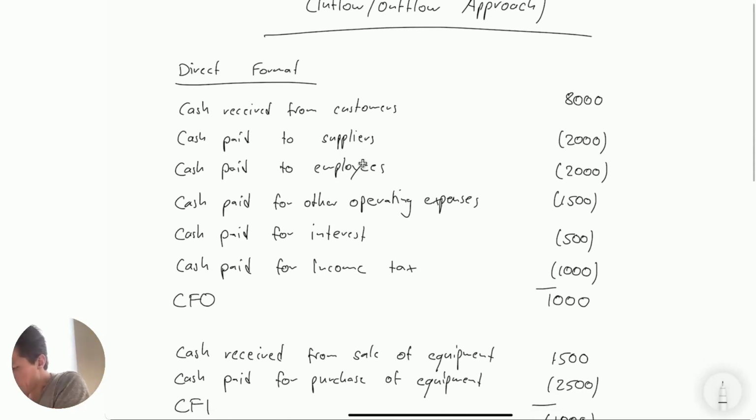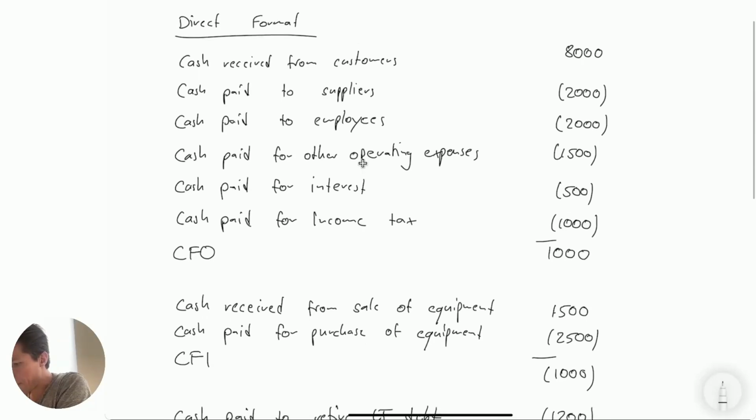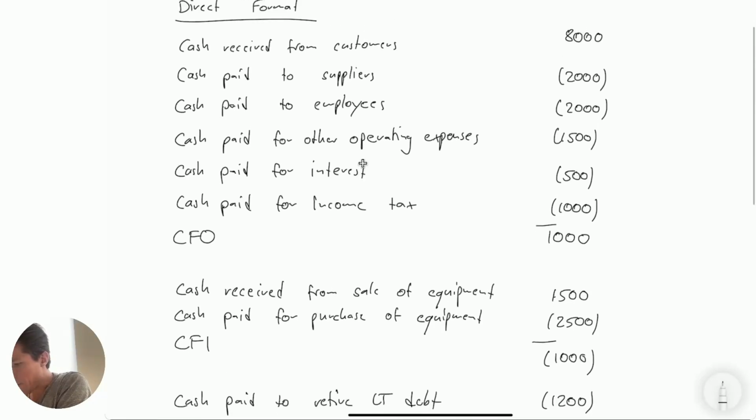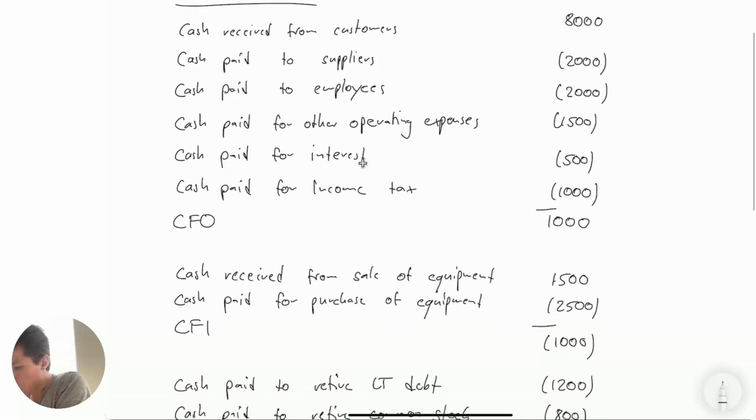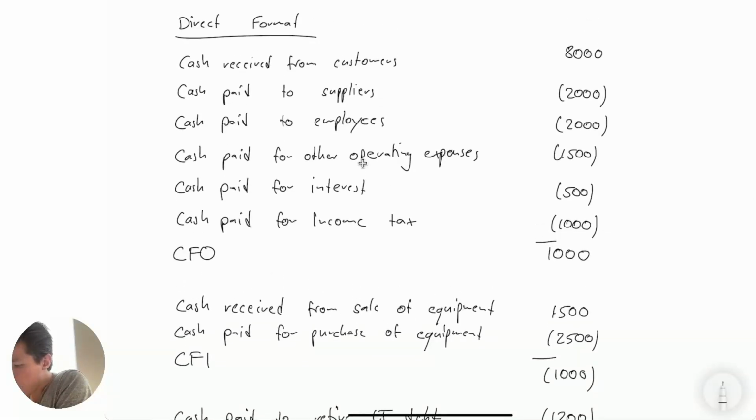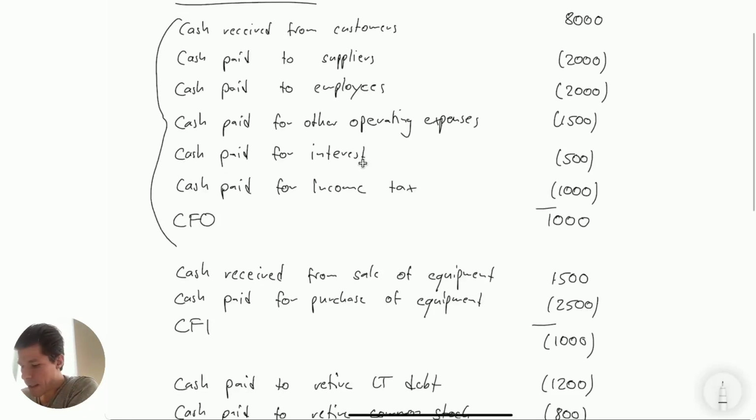First, let's assume we have a cash flow statement. I have used the direct format here. As you know, there are only direct and indirect formats for the cash flow statement for operating activities. So cash flow from operating activities can be expressed in the direct format or in the indirect format.